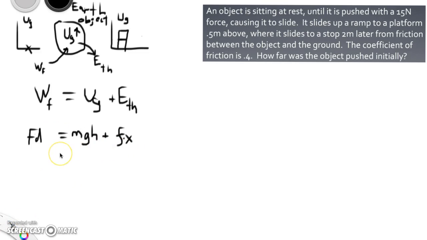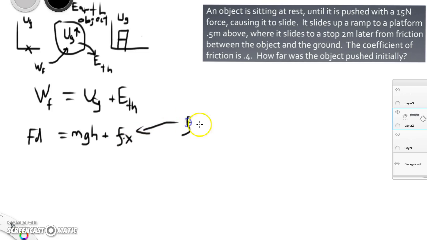So in this question, we actually have 3 different distances, so we've got to be careful not to confuse them. I'm calling the distance at the beginning d, the height that it goes h, and the distance that it slides at the end x. I know this, I know that, and I know this force, and I want to solve for d. Remember, for the friction we're going to use the friction equation.